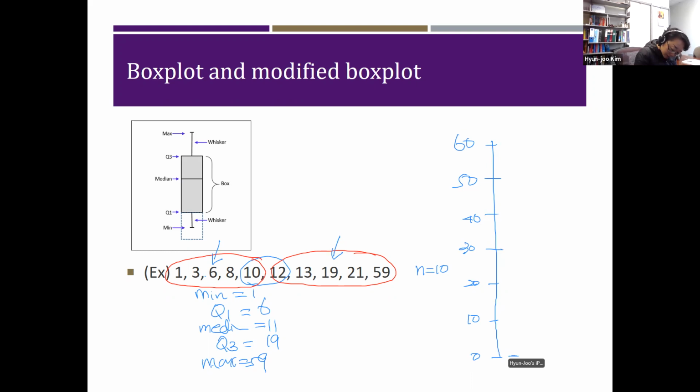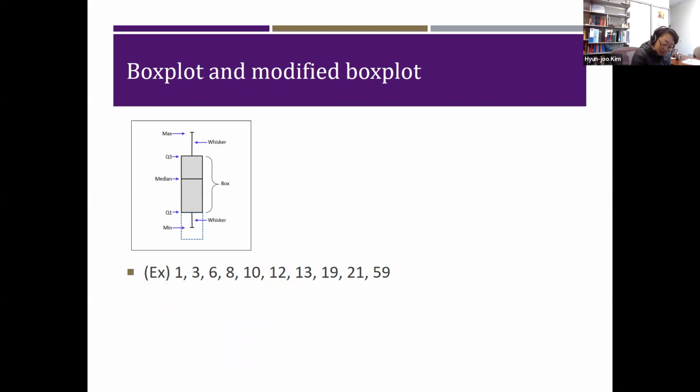There. And 6 is right here, 11, 19, and 59 right here. So your box will look like this, right? That's what the box plot will look like. Notice that you have relatively shorter whiskers on the bottom side, the minimum side.